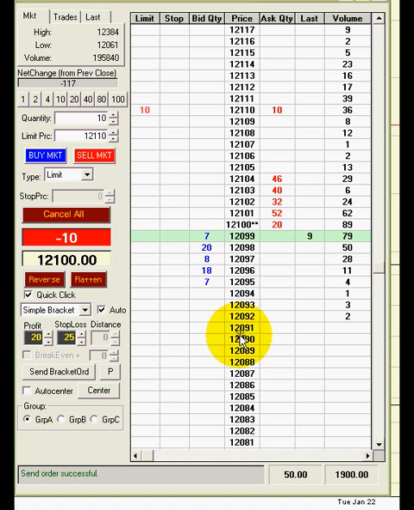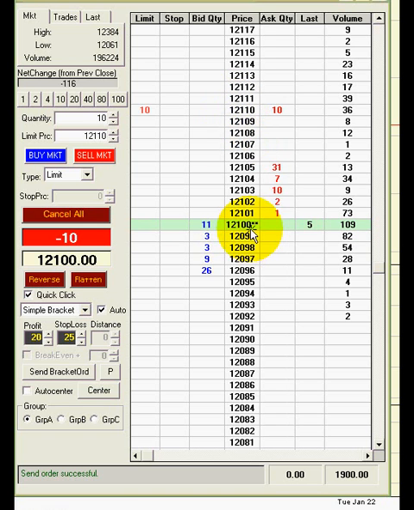Okay. Seems like it's kind of hem-hawing around there, doesn't it? If it goes all the way back up here, we're going to get in with 10 more. But our chart that you can't see, again, is showing us that this downtrend could continue right here.